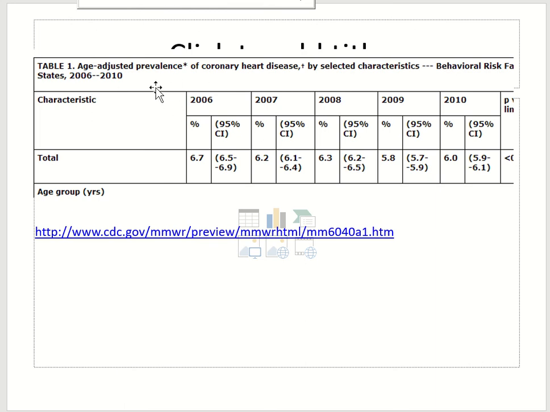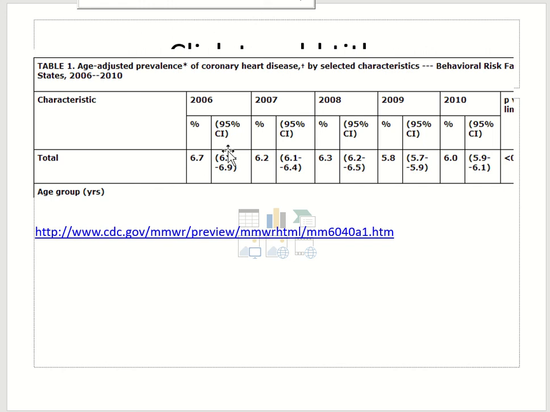So the prevalence of coronary heart disease, I think this is the US, year 2000 to 2010. It's 6.7% in 2006, meaning that in 2006, if you come to a certain community in the US, out of every 100 people, you would expect to see 6.7 that have the disease.